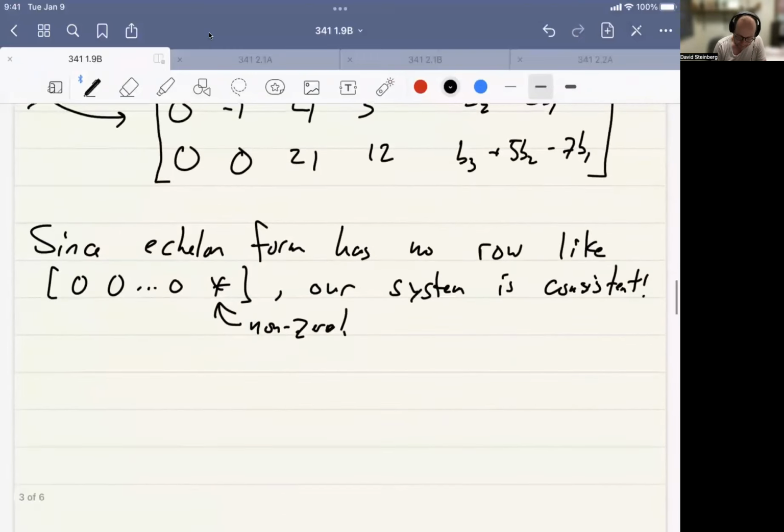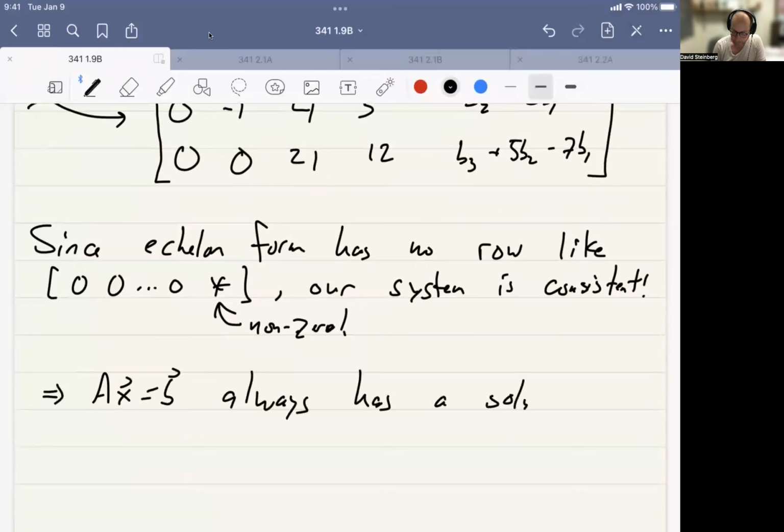Okay, so that means that AX is equal to B always has a solution. Which means that T is onto.